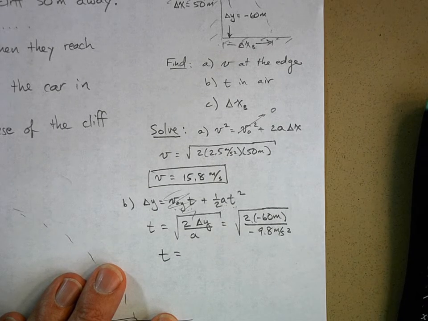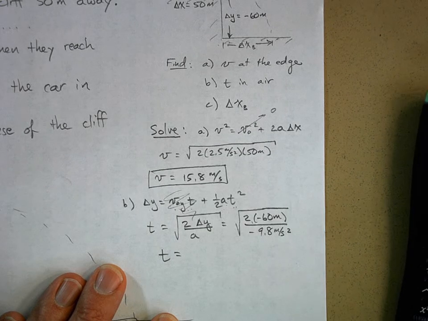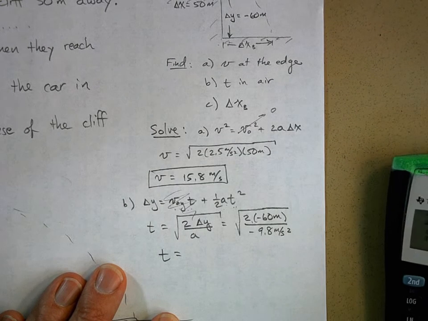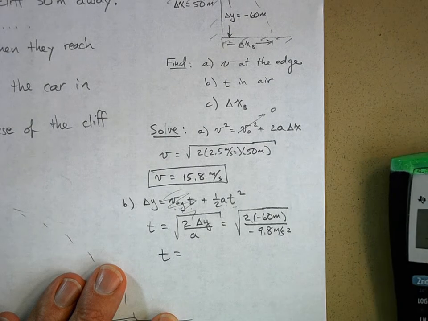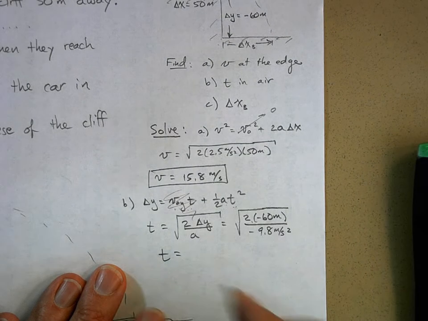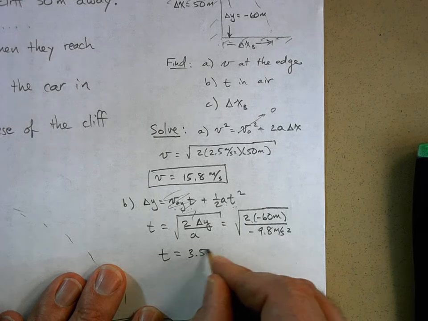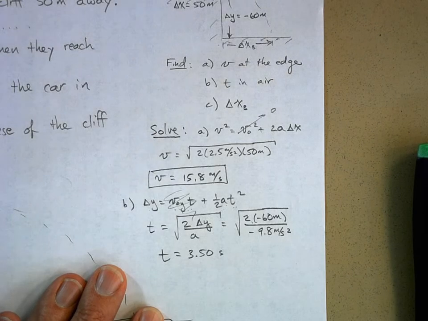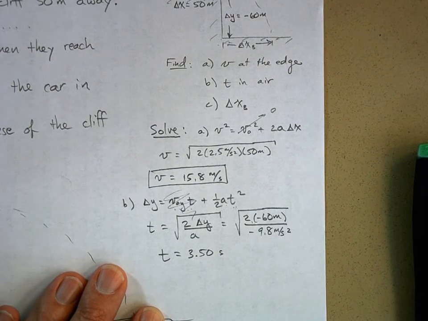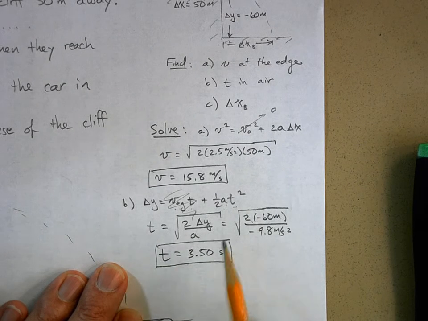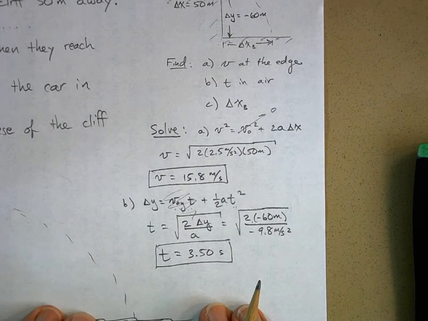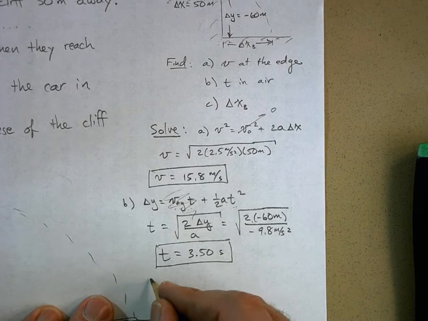Two times 60 divided by 9.8 equals 12.24. Take the square root of that, and I get 3.50. Is that what you got for time? Okay. And then part C.